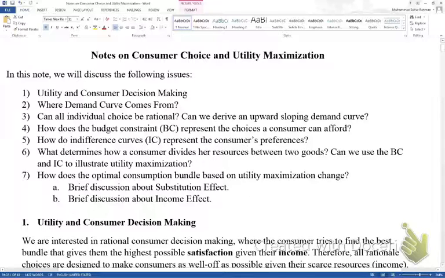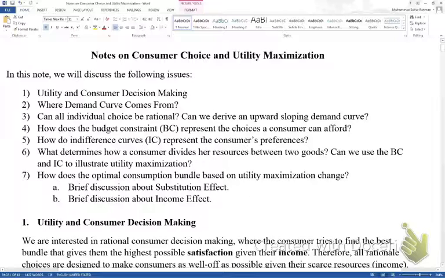We are going to talk about those changes through the lens of another two very important concepts in economics. They are called the income effect and the substitution effect. So we have a long list of things to look at in this particular discussion, so let's move on.